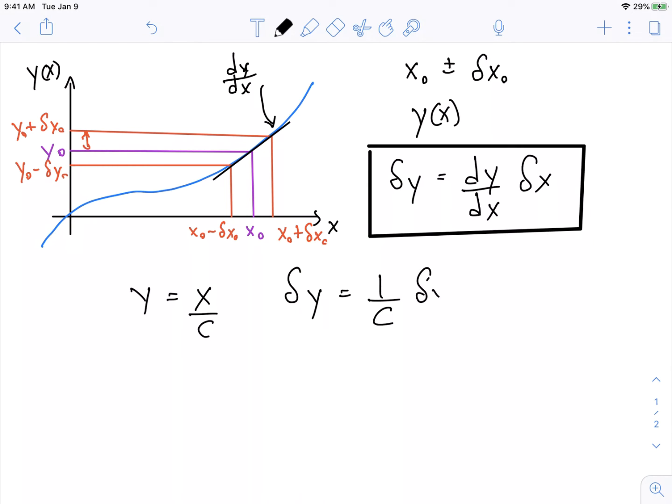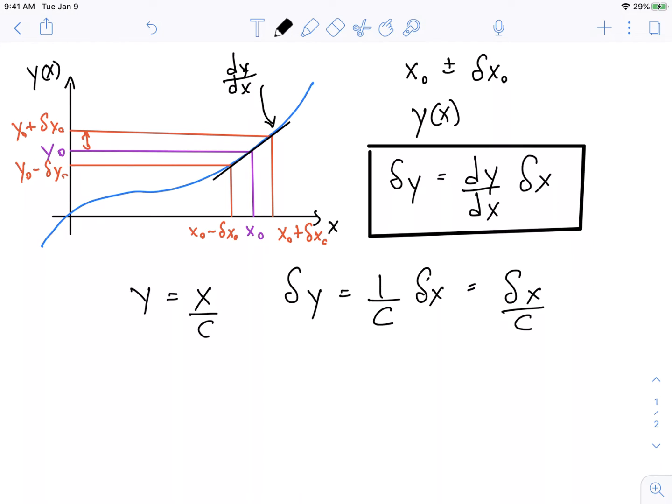And then it's times the uncertainty in my original measurement, all those masses that I put on the scale. And so I see that my formula has become pretty simple. If I want to calculate the uncertainty y, I just take the uncertainty in x and divide it by c. Right? So this is a basic version of propagation of error.